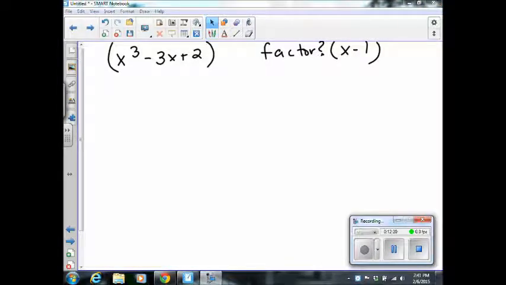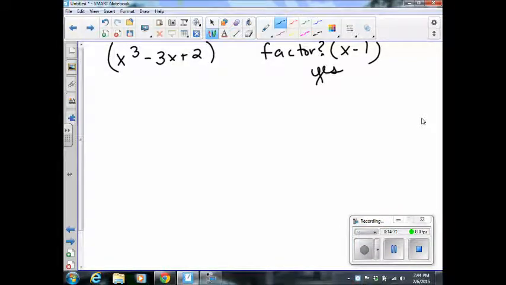My polynomial is x cubed minus 3x plus 2. I want you to figure out whether x minus 1 is a factor. If yes, go ahead and calculate the other factors. I'll give you a hint: make sure you have every possible exponent when you're doing your synthetic division. Good luck.